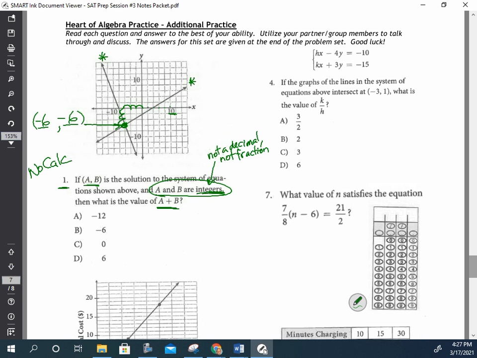All right. Now notice, (-6, -6) doesn't show up anywhere as an answer. That's because that's not what they were asking you for. What they were asking you for was A plus B. They told you that this point represents A and B, so that means A is -6 and B is -6. -6 plus -6 gives you -12.